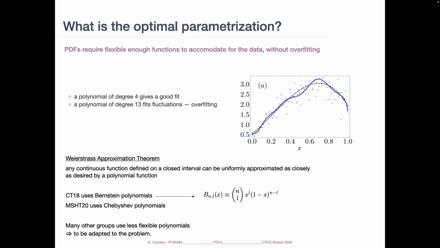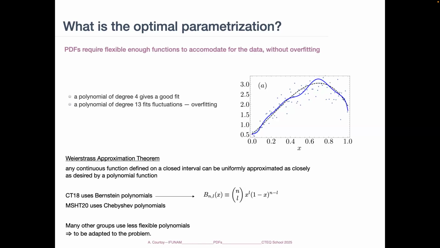So we don't know what the true PDF is. But what we know is that we can approximate any continuous function by a polynomial. That's the idea also of a neural network. They have polynomials of, well, some really complex ones. But what you can do is just take a polynomial function for the modulator, and you can try a few different things. So CT18 uses Bernstein polynomials, because that's the basis you would have.